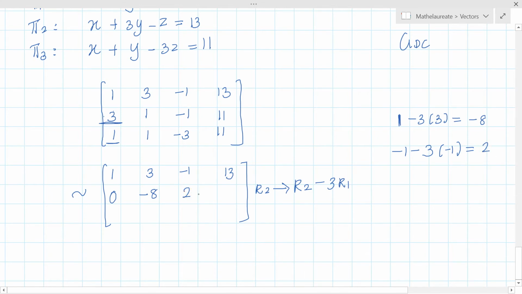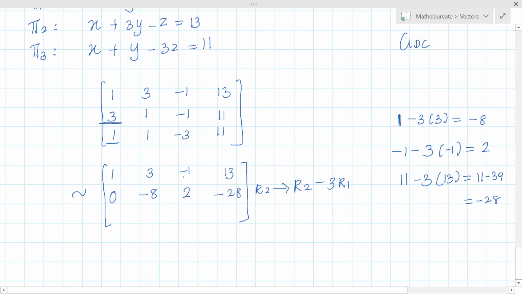So I'm writing 2 here. Coming to the next term, R2 term is 11 minus 3 times the corresponding term from the first row, that is 13. So this makes 11 minus 39, which is minus 28.